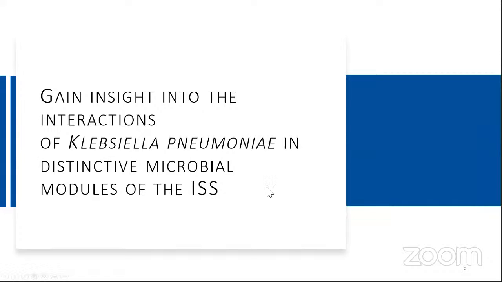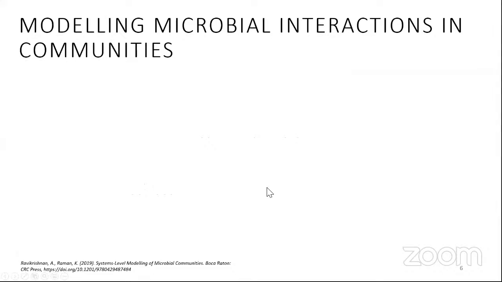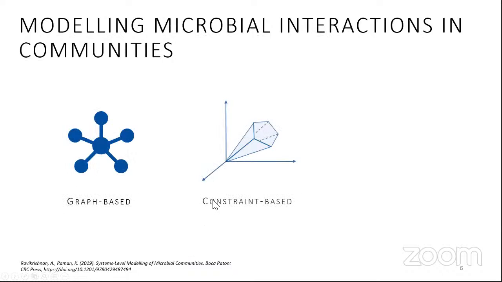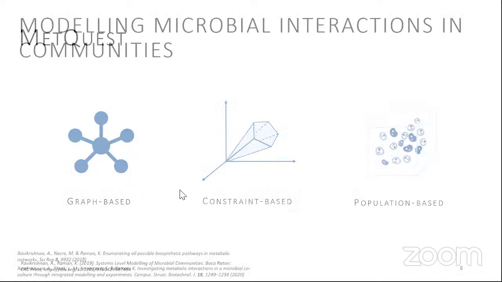Metabolic interactions prevail in communities, and there are many microbial modeling paradigms as discussed in this monograph, such as graph-based, constraint-based, and population-based approaches. In our study, we primarily used a graph-based approach, and we employed the algorithm MetQuest, which you may have also heard about from Dinesh.